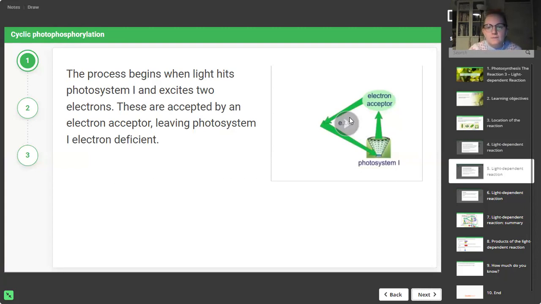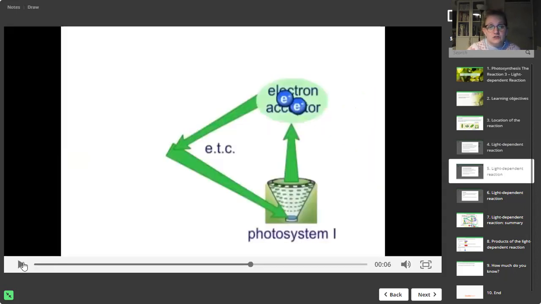But again, the process begins when light hits photosystem 1, and those 2 electrons that we spoke about earlier in photosystem 1 get excited and they are accepted by an electron acceptor and they leave photosystem 1 deficient. That is exactly the same as before, nothing has changed.